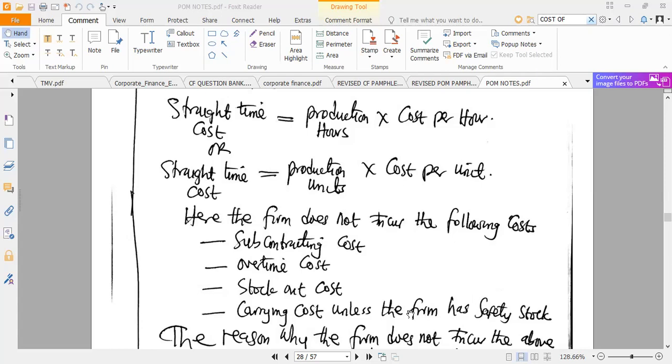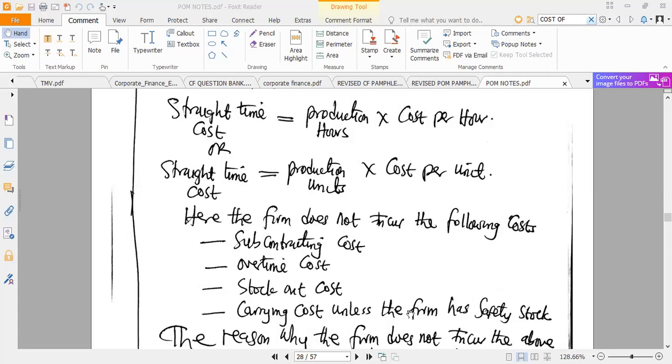So under this strategy, the company may not incur costs like subcontracting because they would have incurred the cost of hiring. The company can only subcontract if they know that they cannot produce to meet the demand.